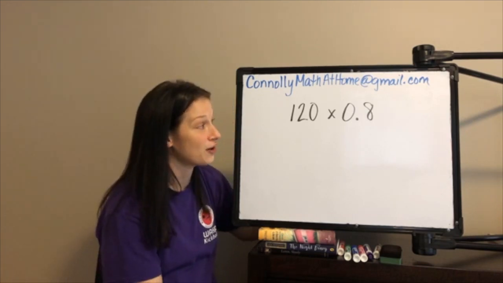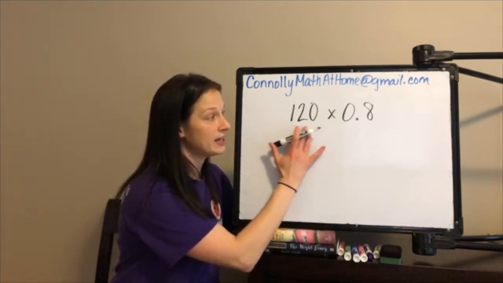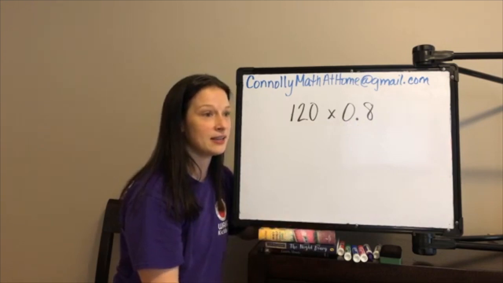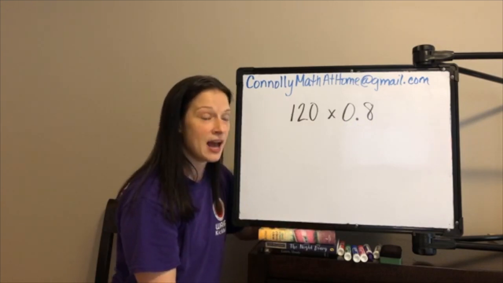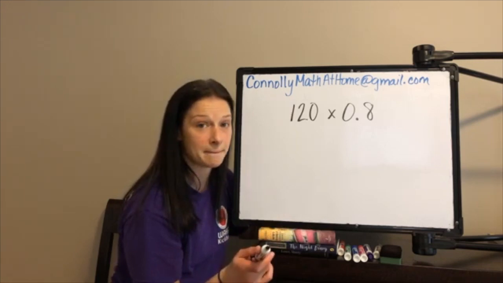All right, so we need to do an estimate here. So we have 120 and we have 8/10, and I'm thinking that if I'm going to estimate, I know that 8/10 is very close to a whole.